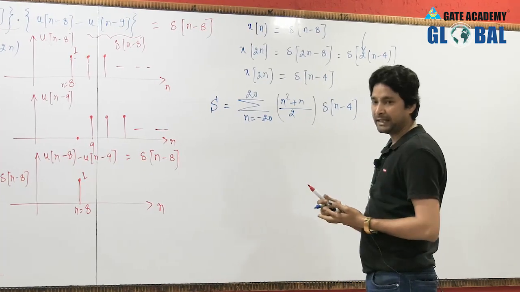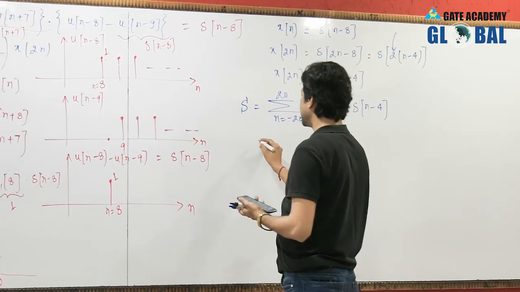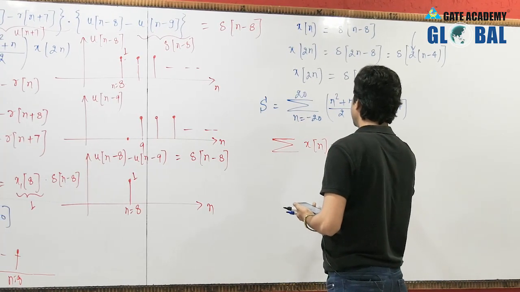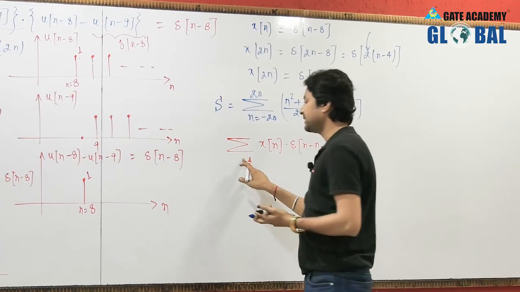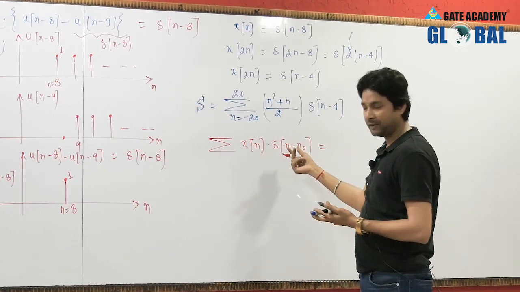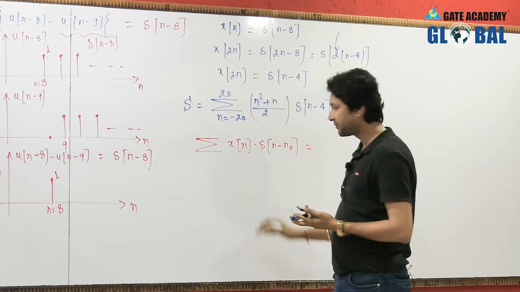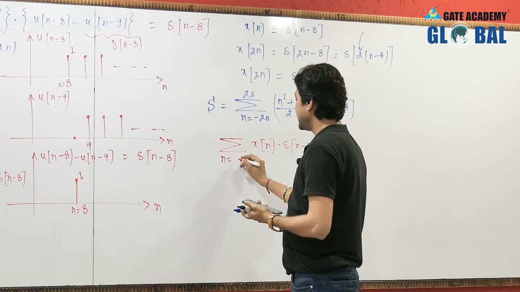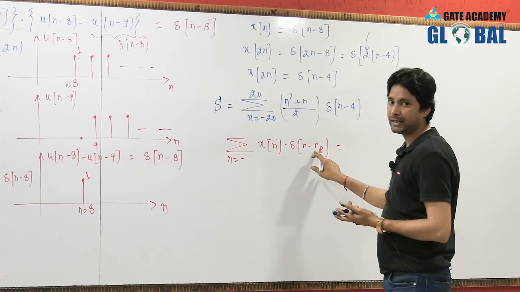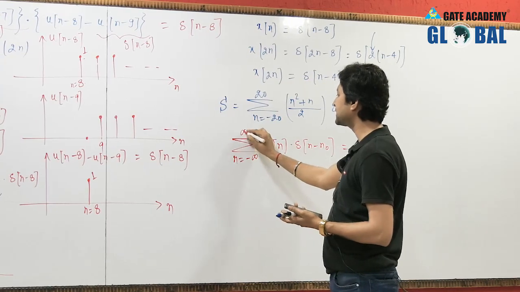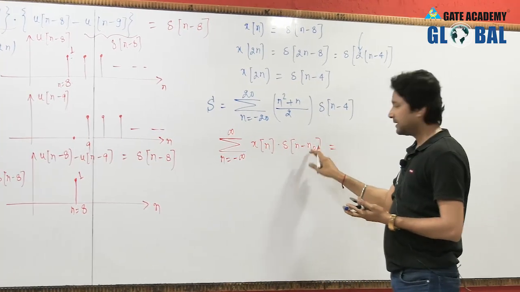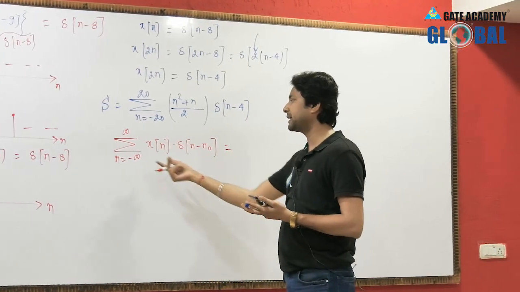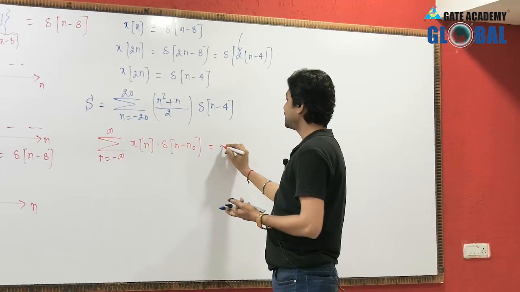Now from the shifting property of the impulse function in discrete time, you know that if there is any function x of n into del of n minus n naught, without the summation this product will be an impulse, but if you take the summation, then the area under the impulse, or its value, for any limits which include n naught, may be minus infinity to plus infinity, or just before n naught and just after n naught, the result is the same, and it equals x of n naught.